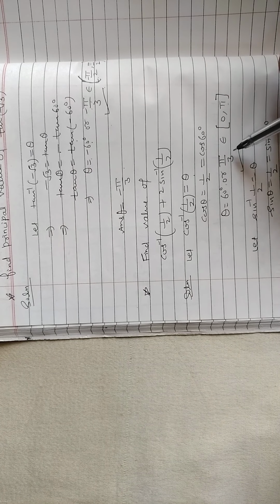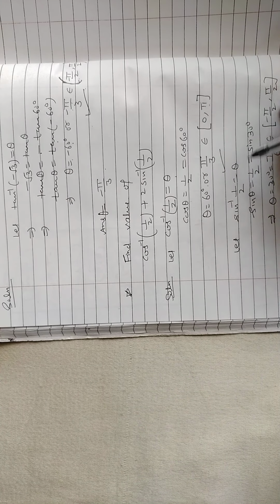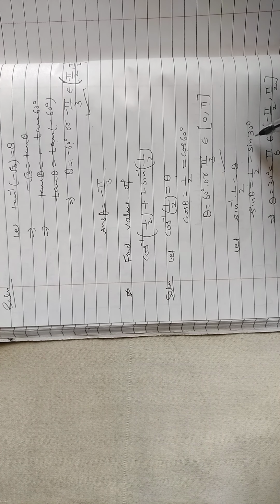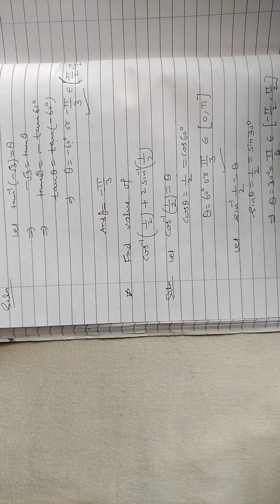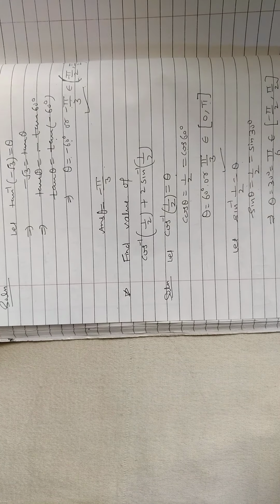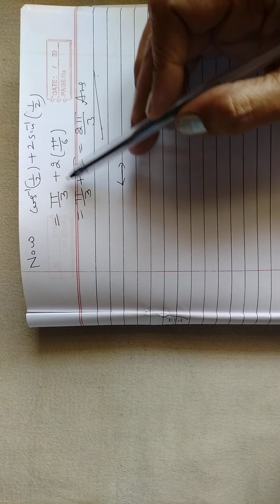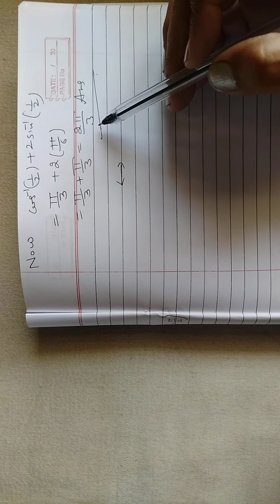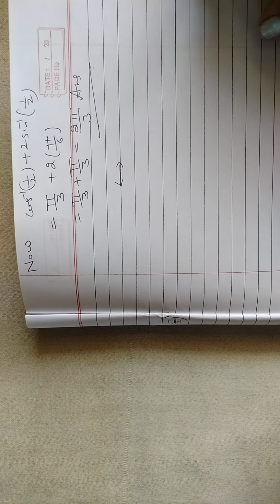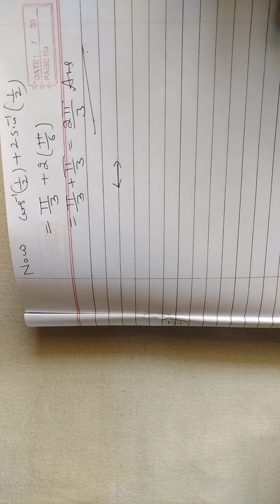Similarly, suppose sin inverse half is theta, so sin theta will be half, it means theta is 30 degree. Now again it comes in the range of sin inverse x. So now you will put the value of cos inverse half, that was 60, and sin inverse half, that was 30. But 2 was there, so 60 plus 60 is 120 degree. So your answer will be 120 degree.